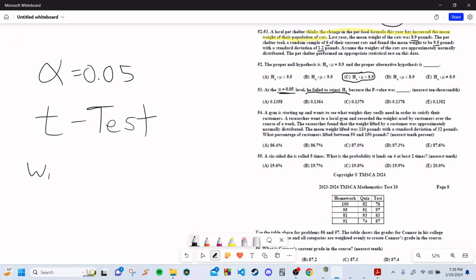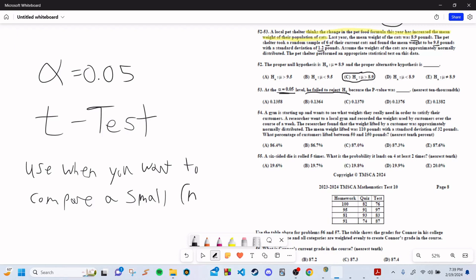You use a t-test when you want to compare a small, and by the way, small means n is less than 30, a small random sample.